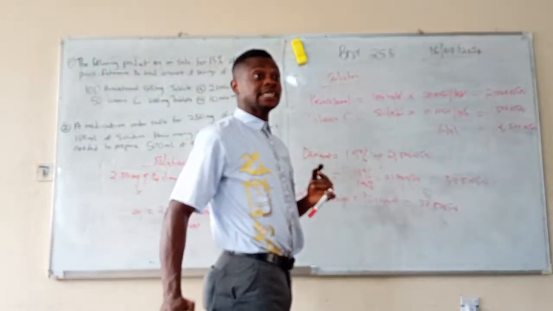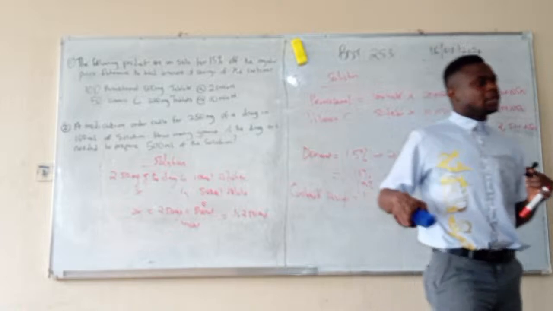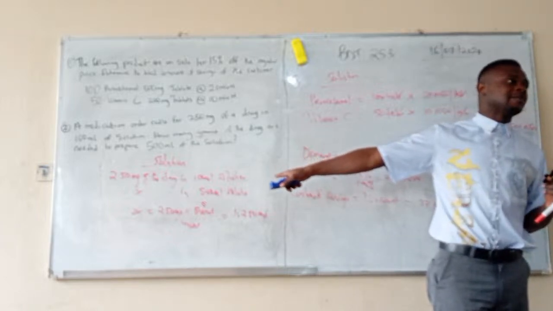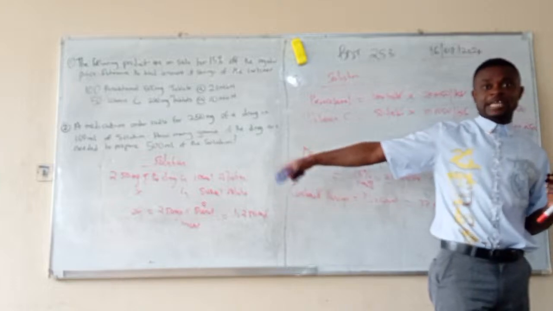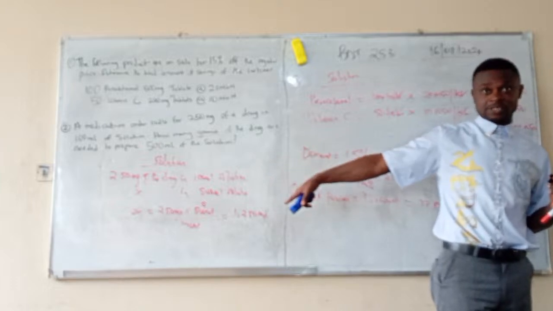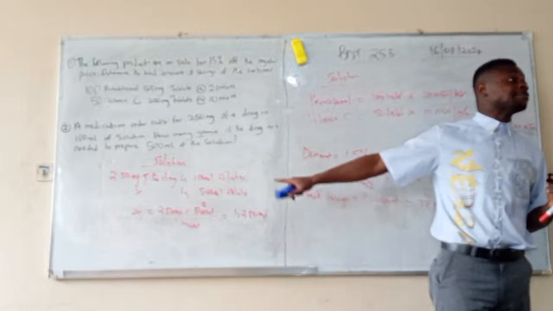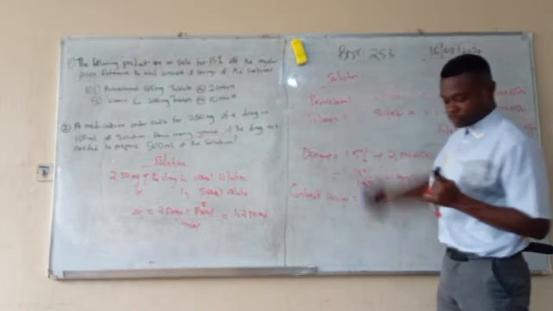And we will still do pharmaceutical measurement, but you don't need pharmaceutical calculation to know how many milligrams should be in 1 gram. By now, if you did chemistry and physics in secondary school, you should know. So how many milligrams are in 1 gram?